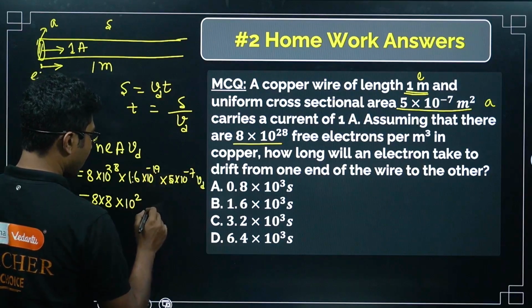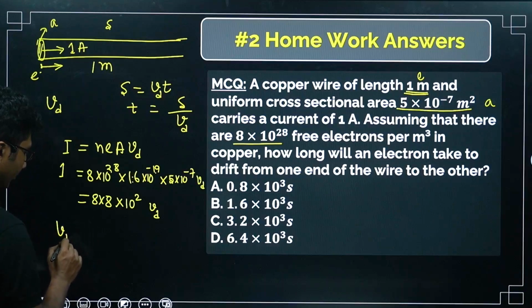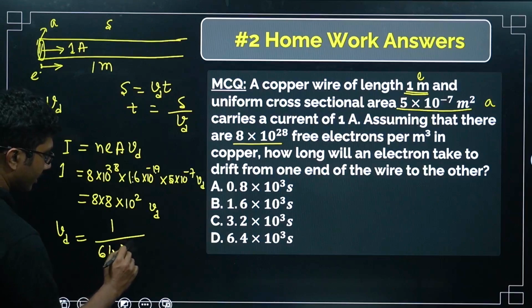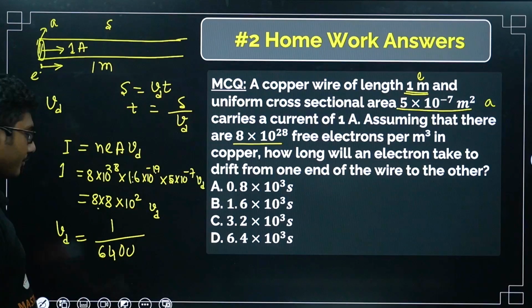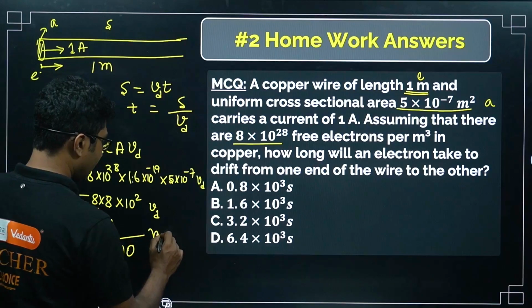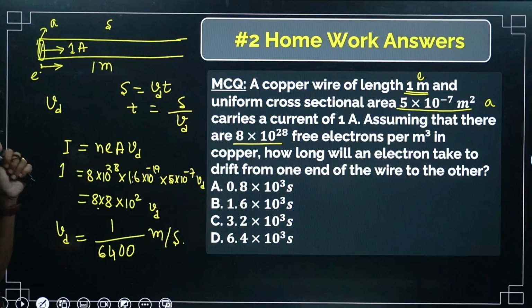So 10 square Vd. So Vd will be 1 divided by 6400. 8 times 8 is 64, 10 square is 100. So 1 by 6400 meter per second. This much meter per second is the drift velocity.